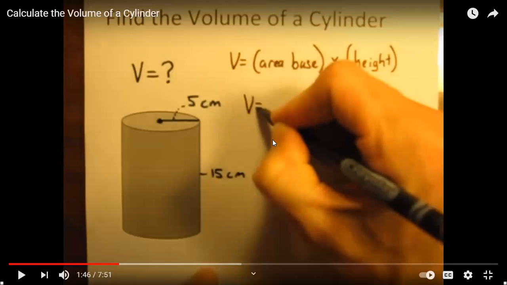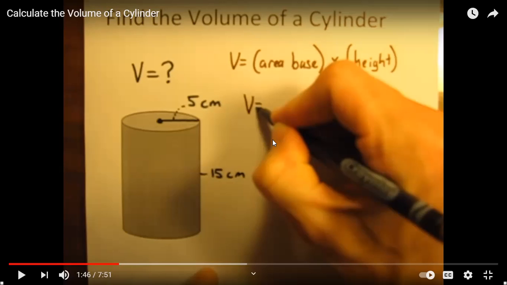Can anyone tell me how we are going to answer this question? To calculate the volume for this shape in front of you, how can we calculate it? 3.14, so the value of pi, and then?